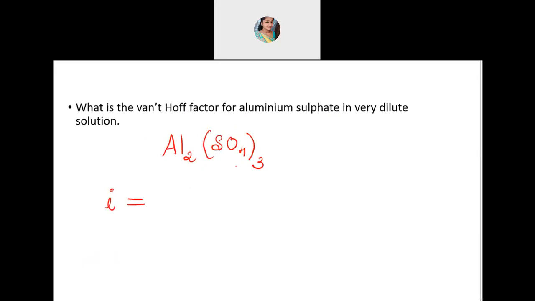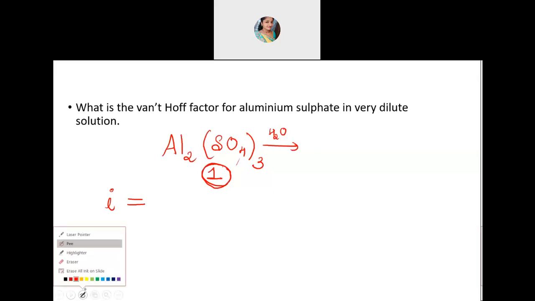Initially, aluminium sulfate is one molecule. Okay, initially it is 1. So I'll write 1 below. But if you put them into water in aqueous solution, they will dissociate. Yes, very good. They will dissociate into how many ions? How many aluminium ions will you get? How many aluminium ions and how many sulfate ions? Yes, very good. Answers are correct.